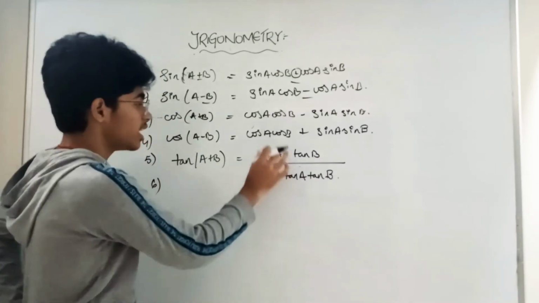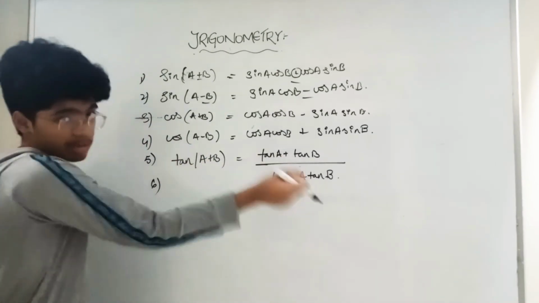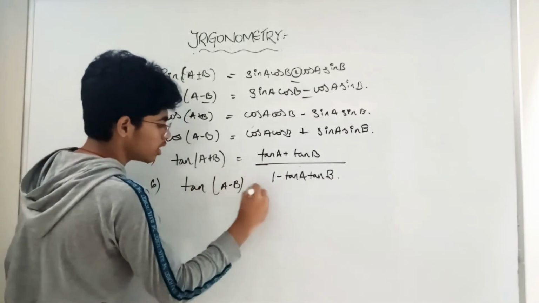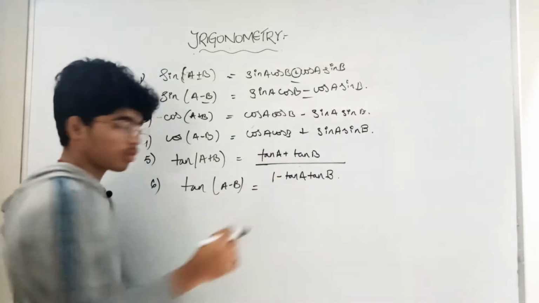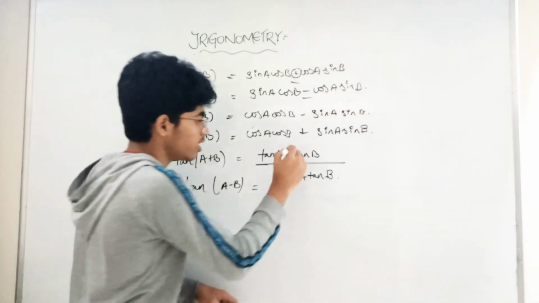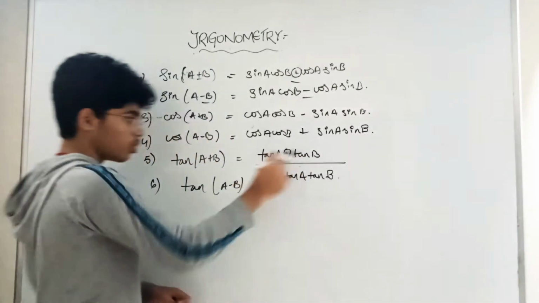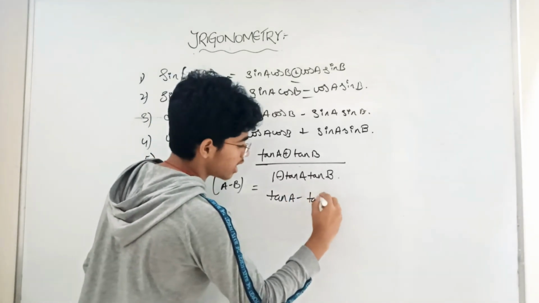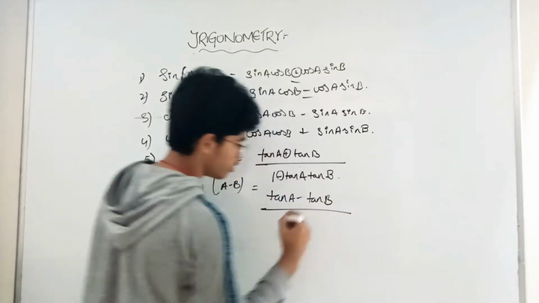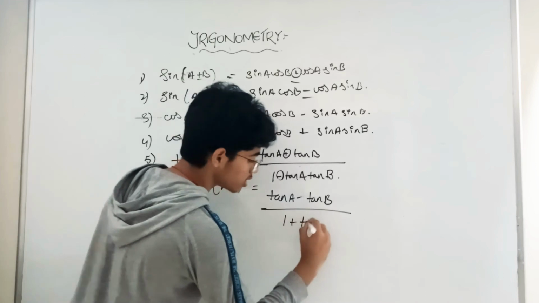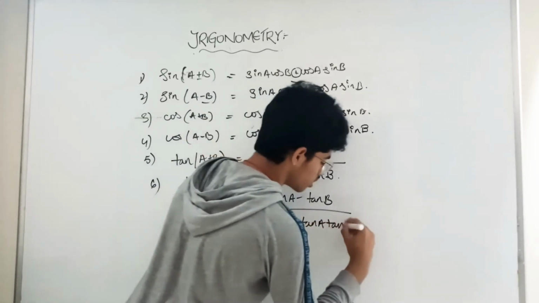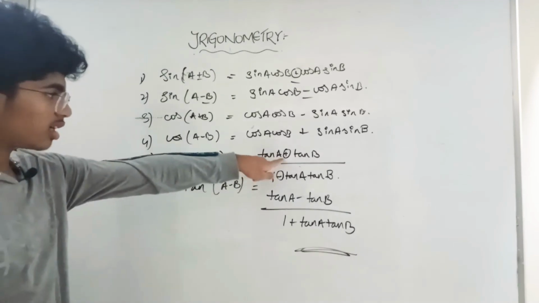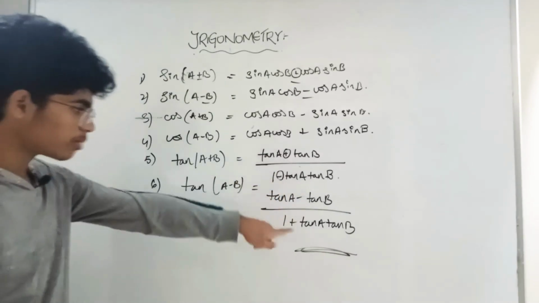Next one is tan of a minus b. The only things that change are these: tan a minus tan b whole by 1 plus tan a tan b. See, here it is plus and here it becomes minus; here it's minus and it becomes plus.